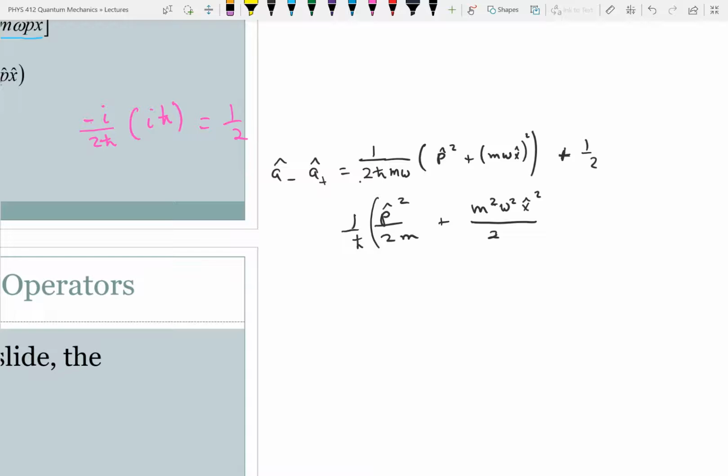I brought in the 2. It's the H bar omega that I didn't bring in. So now I can cancel one of these M's.